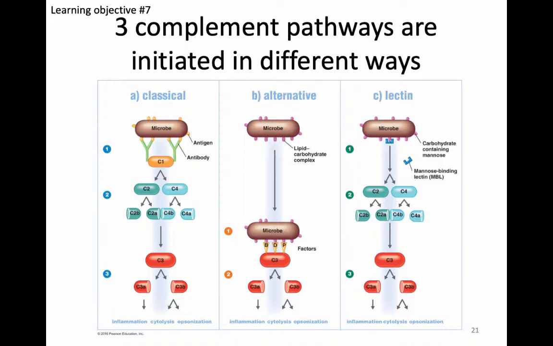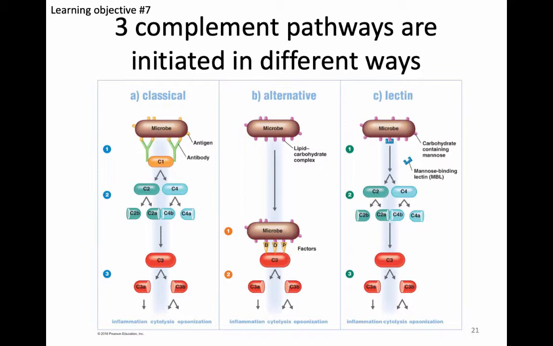This causes complement protein C1 to interact with the antibody. As a result of that, complement protein C2 and C4 are split into two components. C2a and C4b will then bind together, which causes complement protein C3 to split into two components. So the classical pathway is initiated by antibody binding to antigen.